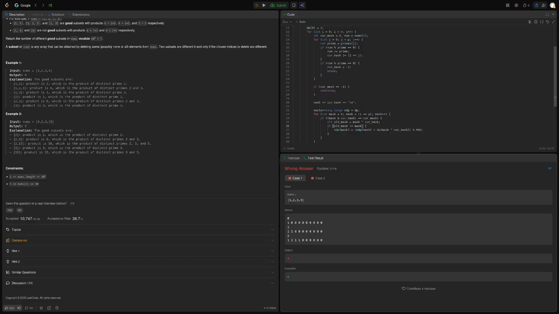So if it's 1, what to do? Well, how many ways can you make subsets from these elements?